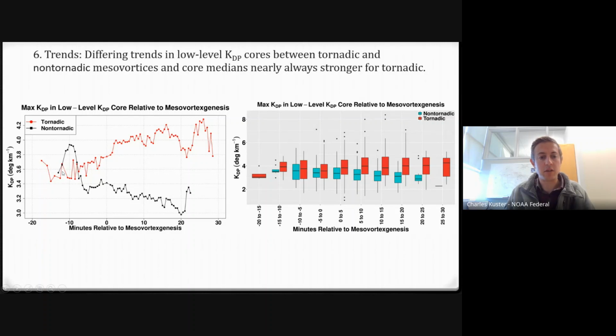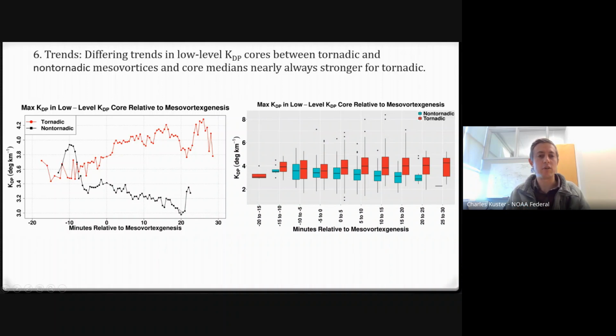So now when we look at the trends in the strength of the KDP cores for tornadic and non-tornadic mesovortices, we see a difference. For tornadic mesovortices, the low-level KDP core tends to intensify or strengthen with time. For the non-tornadic mesovortices, it tends to stay about the same and even weaken a little bit with time.